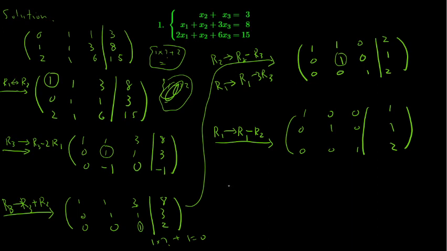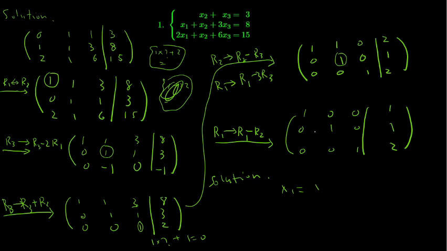Now the solution. After getting the final form, we are ready to have the solution to the system. Anybody want to tell me the solution to the system? x1 equals 1. Yeah. x3 equals 2. Again, each row determines an equation.